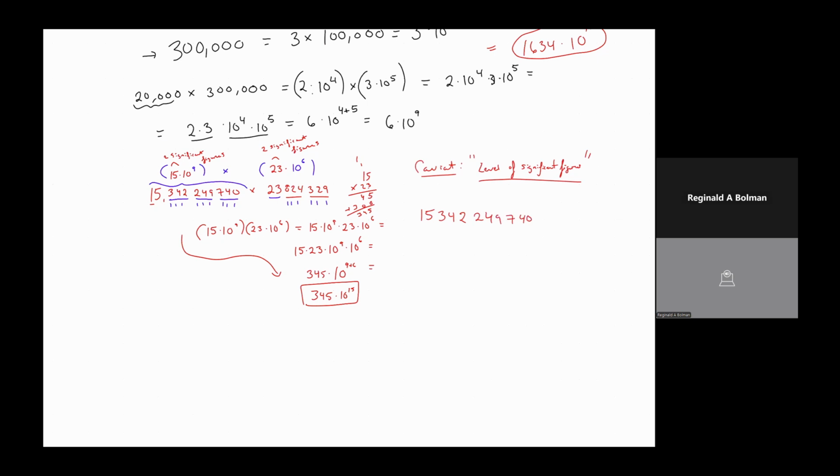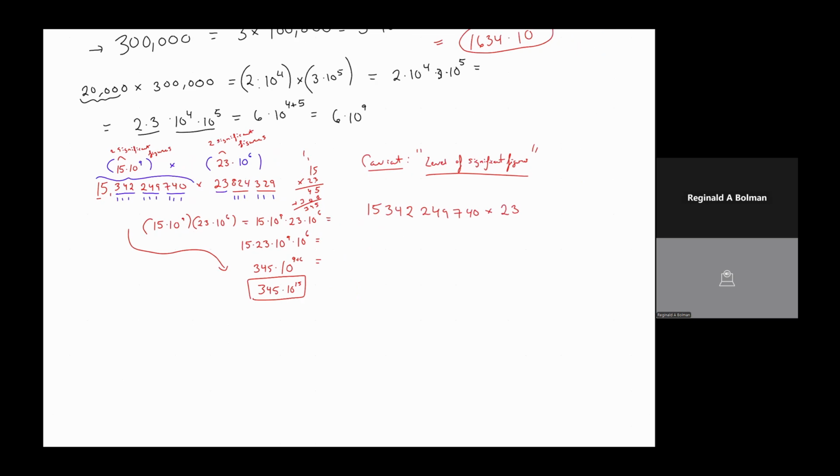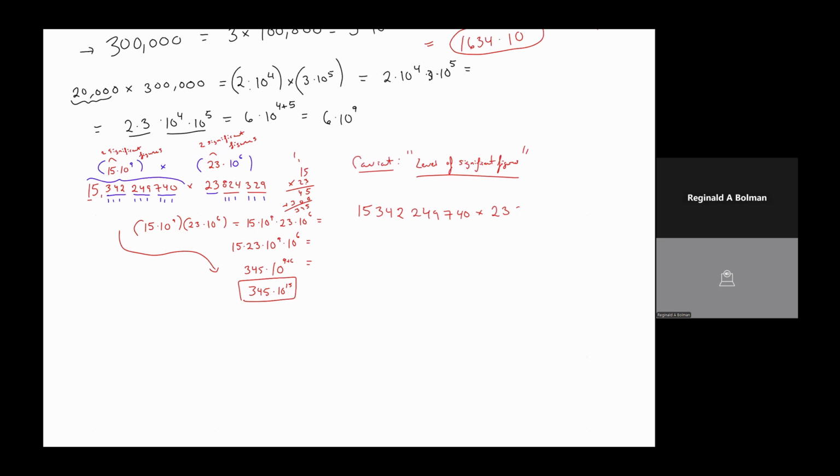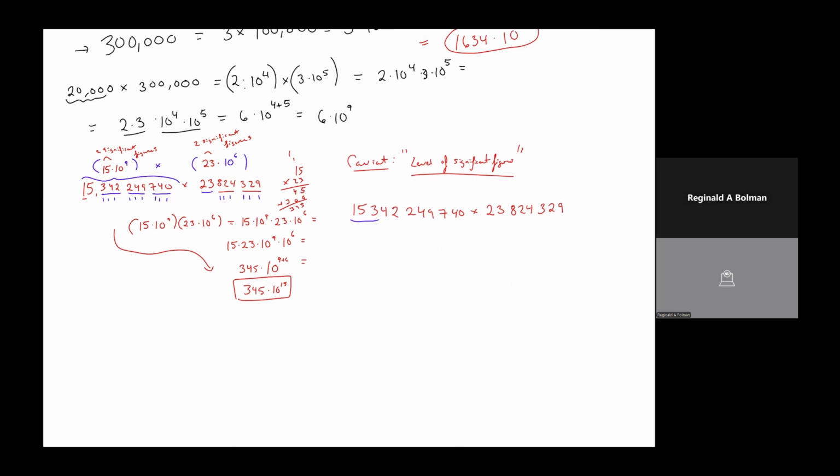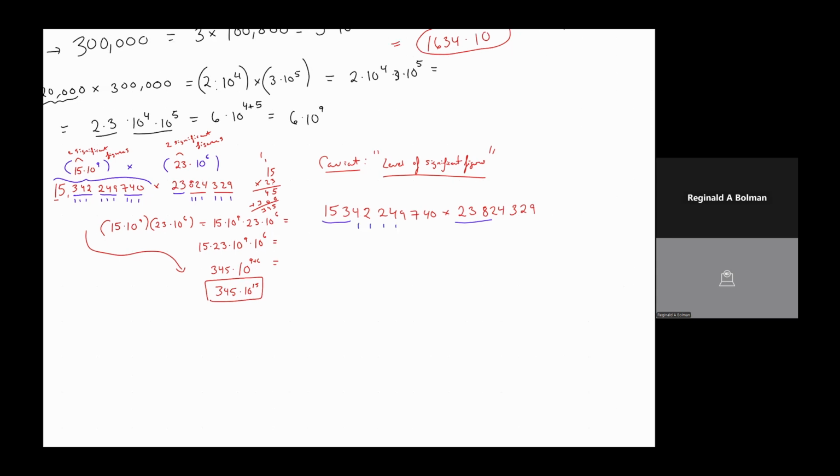So we were initially multiplying 15, 3, 4, 2, 2, 4, 9, 7, 4, 0 by 2, 3, 8, 2, 4, 3, 29. And what we say is, suppose I wanted to keep track of 3 significant digits. So I could keep track of the 153, and I could keep track of the 238. If that was the case, then we count the numbers behind these digits, and you'll note that now I've got exactly 8 digits.